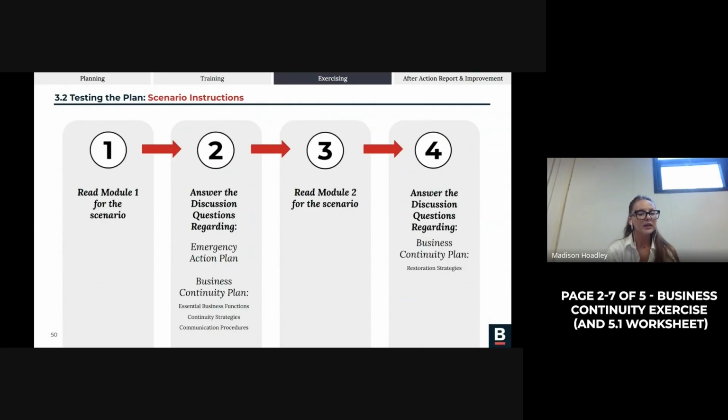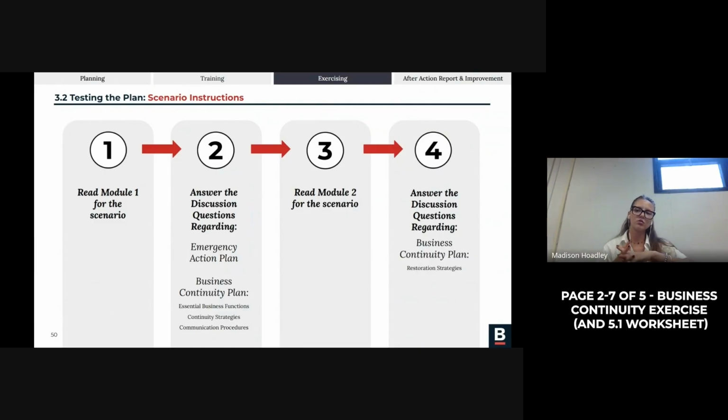So once you've completed those module 1 questions, you are then going to read module 2, which is going to be on page 4, and you're going to answer the questions related to your business continuity plan's restoration strategies. So again, this is broken up into before and during a disruption, and then after the disruption.